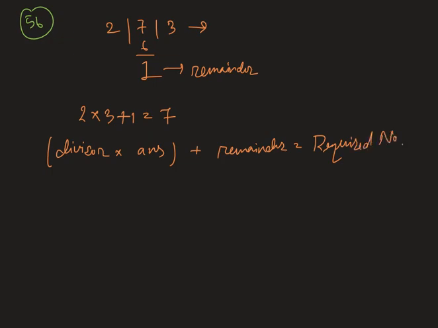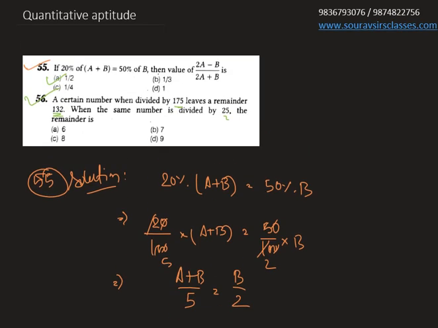Okay, now let's see again what is in this problem. So here we have 175 as a divisor and 132 as a remainder.